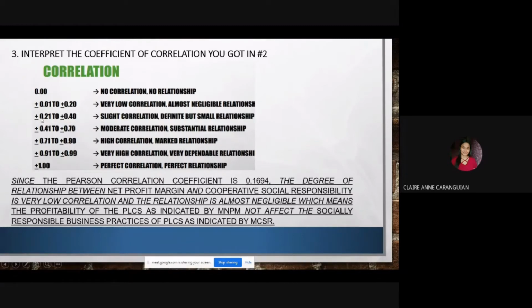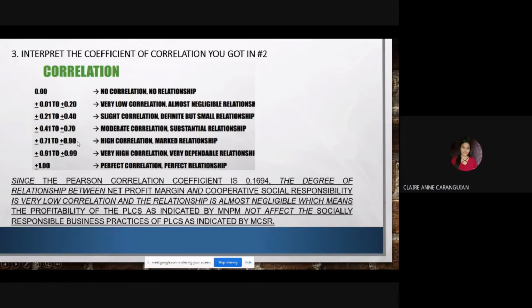While positive or negative 0.21 to 0.40 is slight correlation, a definite but small relationship. And 0.41 to 0.70 is moderate correlation, a substantial relationship.